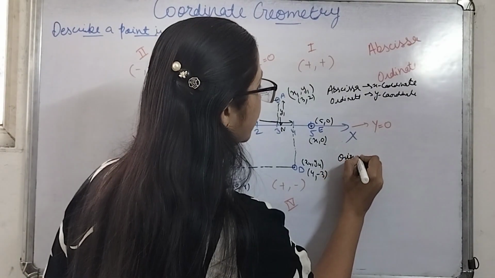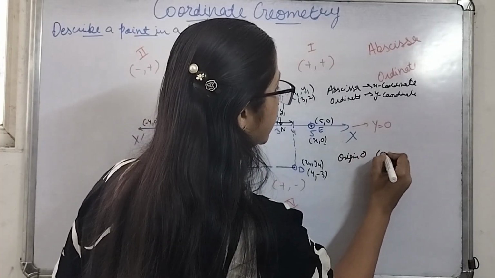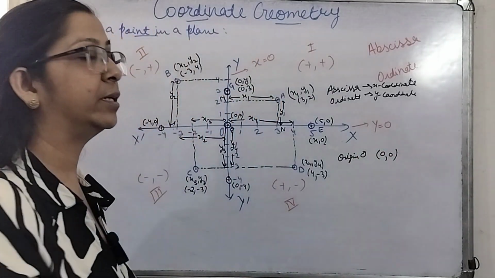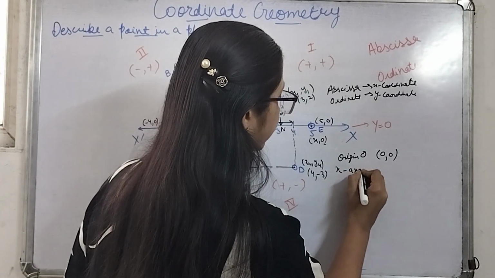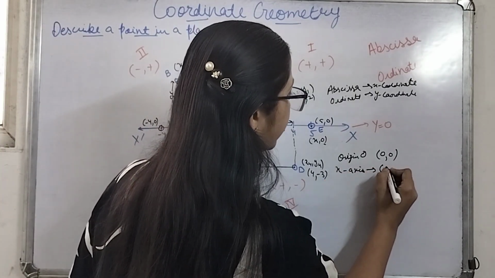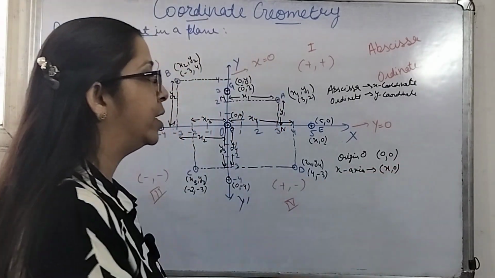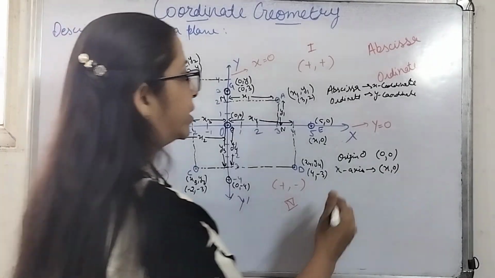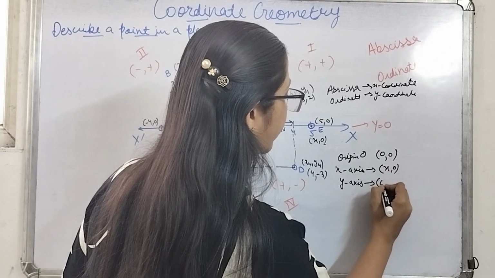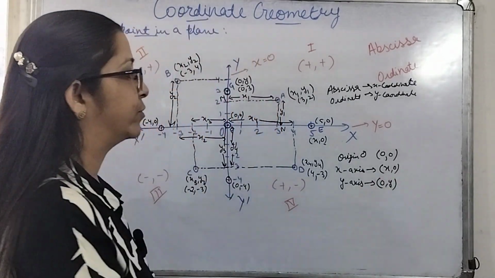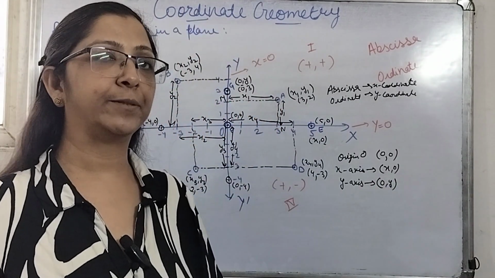So the coordinates for the origin O will be (0, 0). For any point which lies on the x-axis, its y-coordinate will be 0, so it will be of the form (x, 0). If there is any point on the y-axis, then its x-coordinate will be 0 and it will be of the form (0, y).